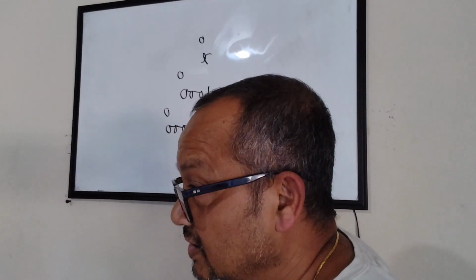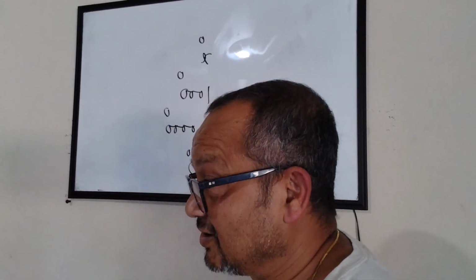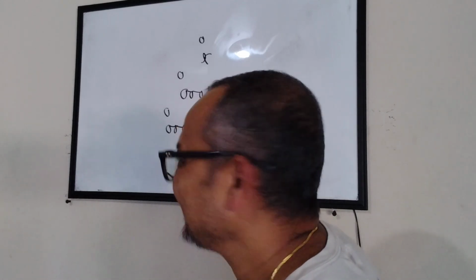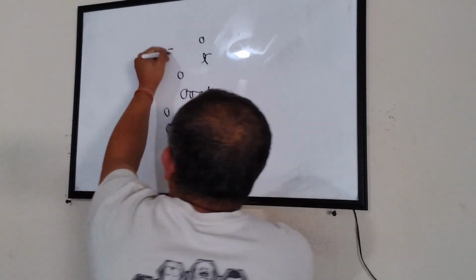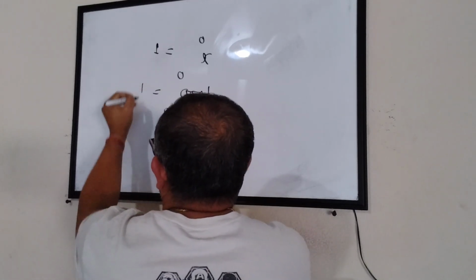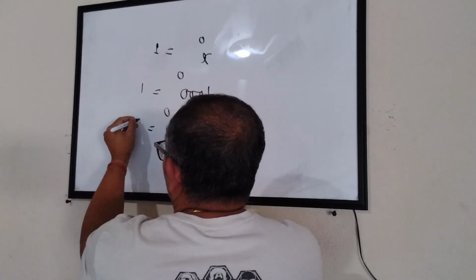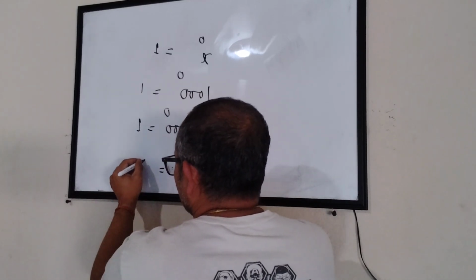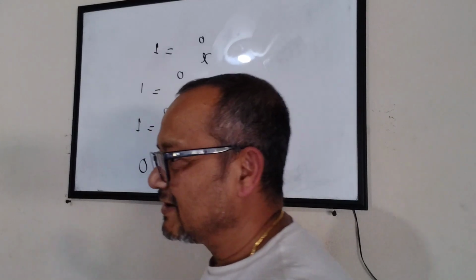Everything is 1. 100% sure? No? Sir, x to the power of 0 is 1, and 1000 to the power of 0 is 1, then 10,000 to the power of 0 is 1, and 0 to the power of 0 is 0. Yeah. That's the only thing.